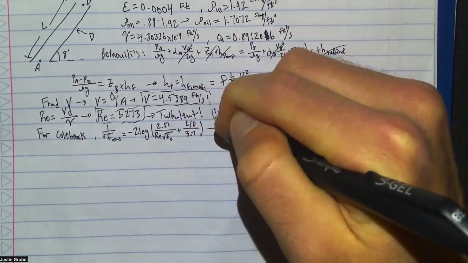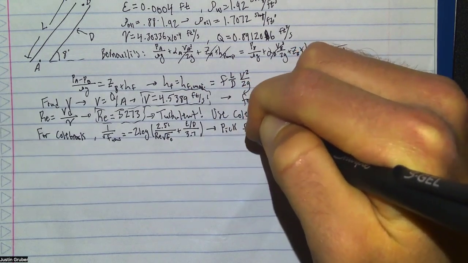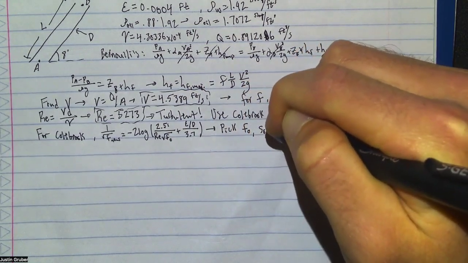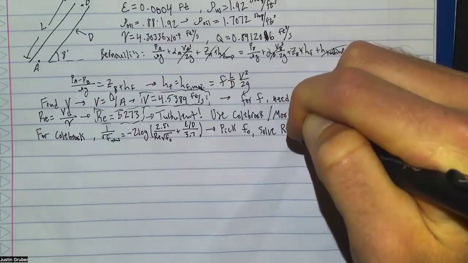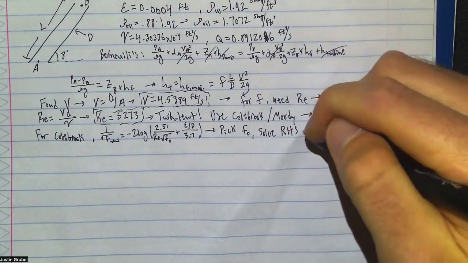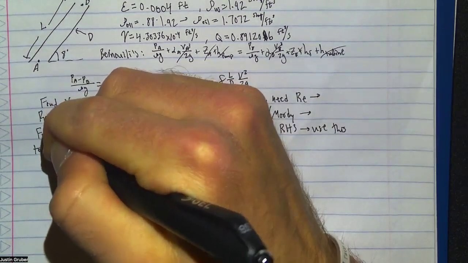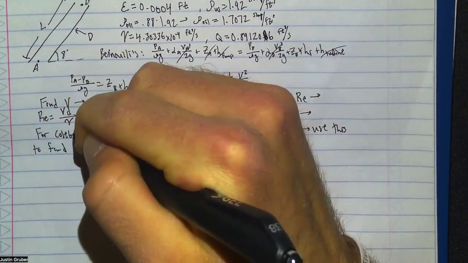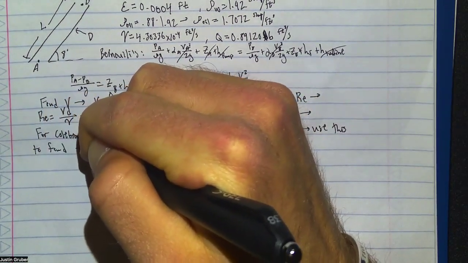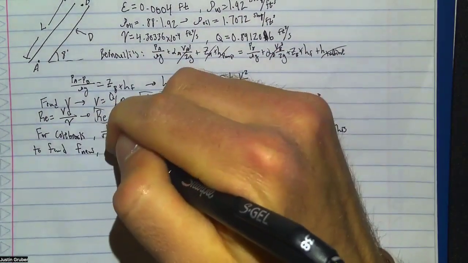Okay, so what you do, pick an F0, solve the right hand side, right? It spits out some number. Use this to find F new.